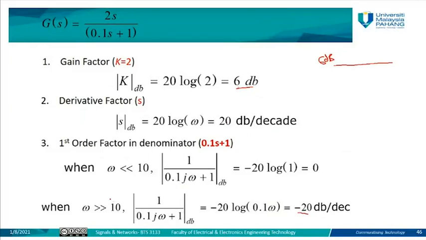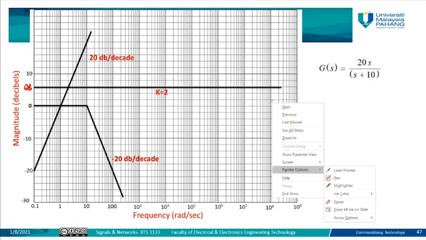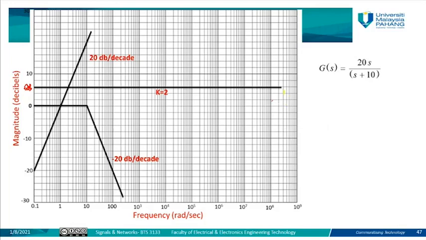If we draw these three lines, it will be like this one. This is the 6 dB value for the gain, the black line here. This is the line for the 6 dB, which comes from the gain equal to 2.